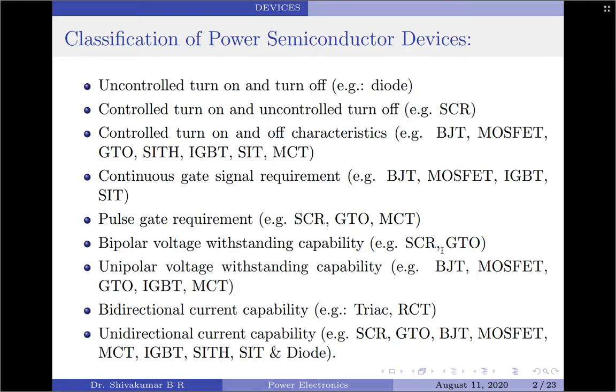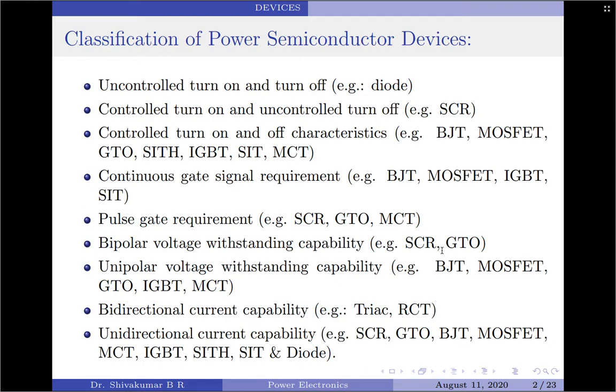So, the gate and the base terminals of the MOSFET and BJT act as the control terminals of these devices, and that is why we call them controlled turn on and turn off. We must emphasize the turn off also, because the moment you remove either the base or the gate voltage for a BJT or a MOSFET, the device will immediately go into the off state.